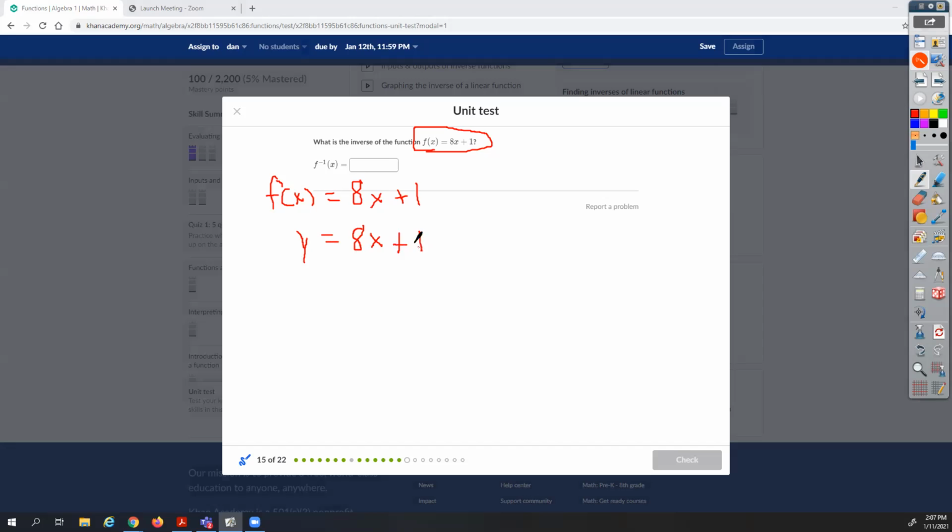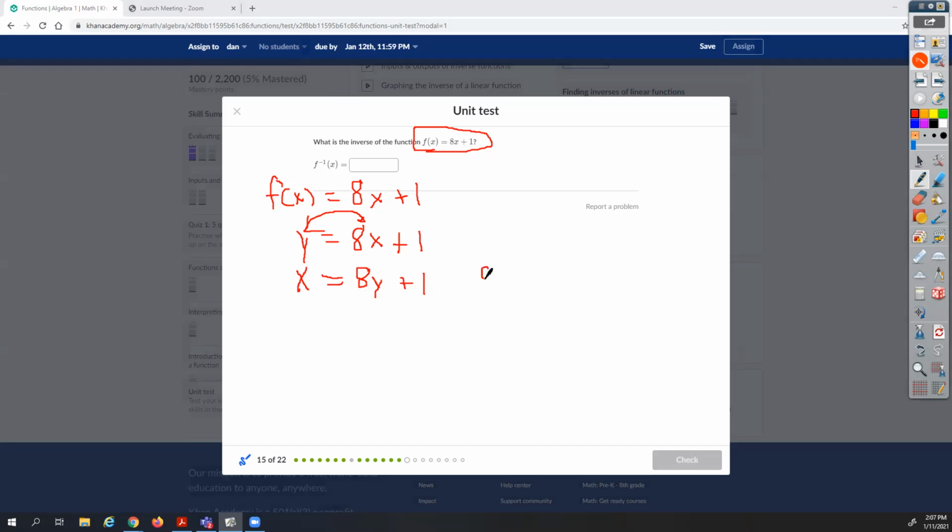Okay, so here we go. This is how easy it is. If you see the inverse, f of negative 1, what you want to do is change the x for the y, and rewrite it. So this is what I'm going to have: x is equal to 8y plus 1.